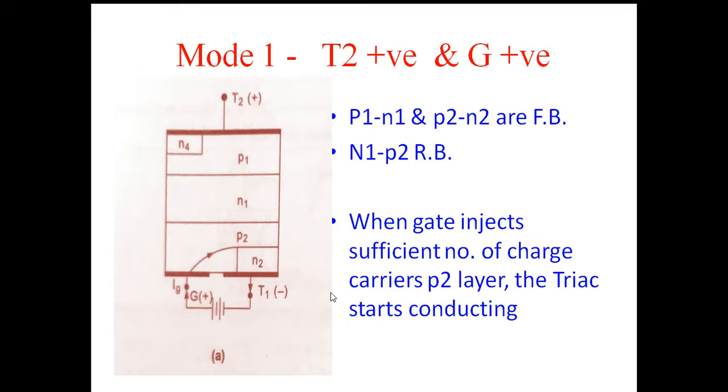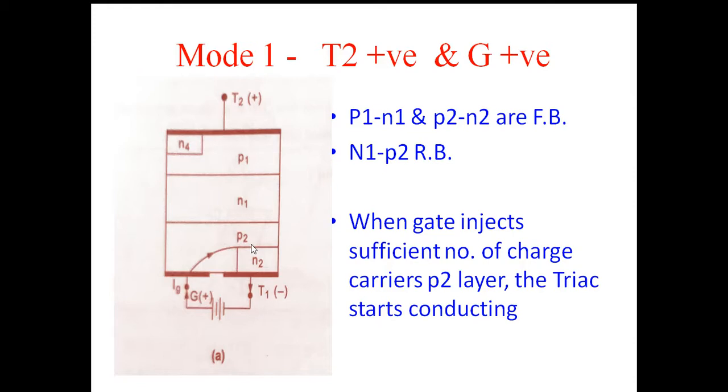Triggering modes of triac. In mode 1, terminal 2 is positive and the gate is also positive with respect to terminal 1. Here if you observe, whenever terminal 2 is positive, the junctions P1N1 and P2N2 are forward biased, and the junction N1P2 is reverse biased.